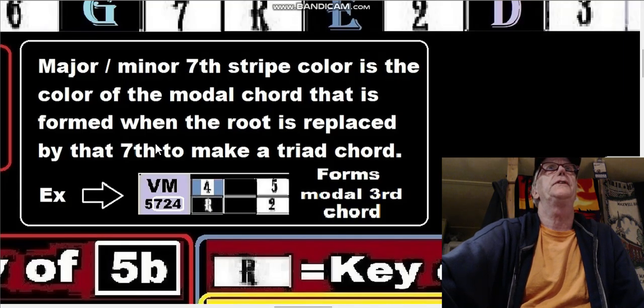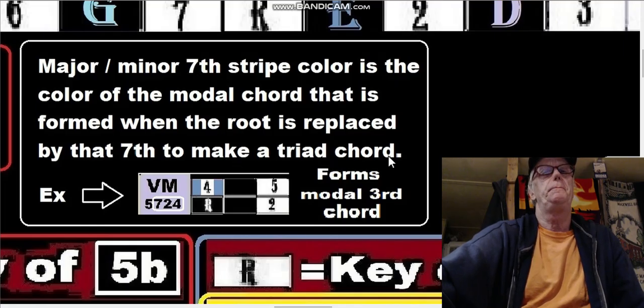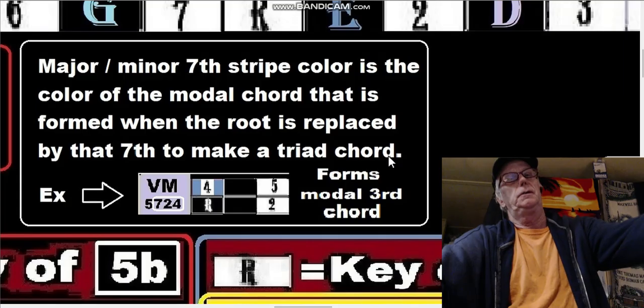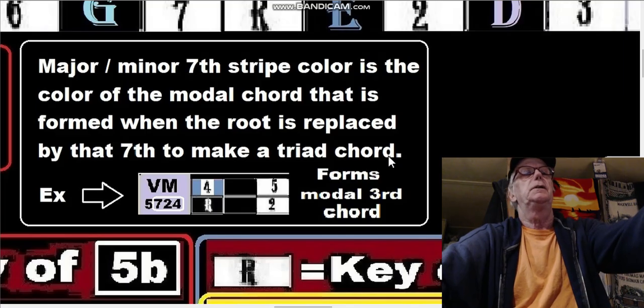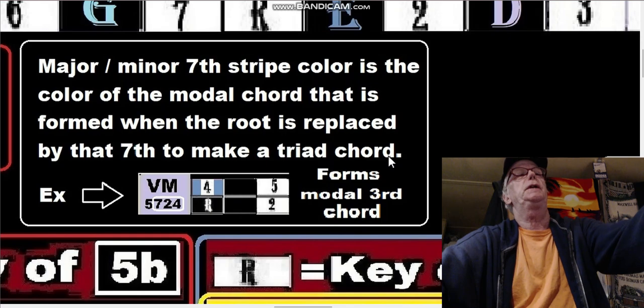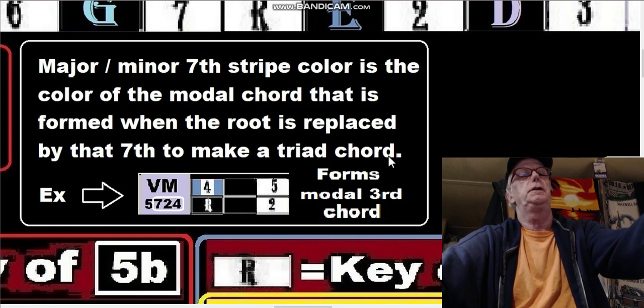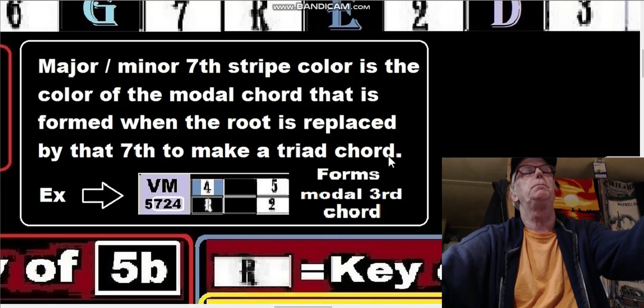What color is this? The color of the modal chord that is formed when the root is replaced by that 7th to make a triad chord. So if we have a C major 7th chord, C, E, G, B, if I leave the root off and just play the 3rd modal, it's not always going to be minor. It's just the 3rd modal.